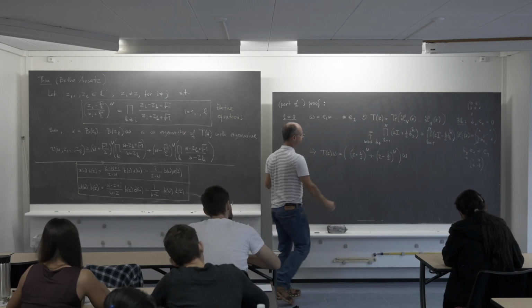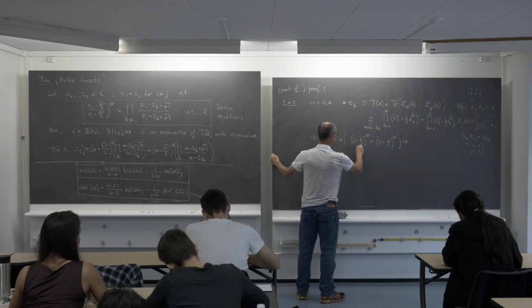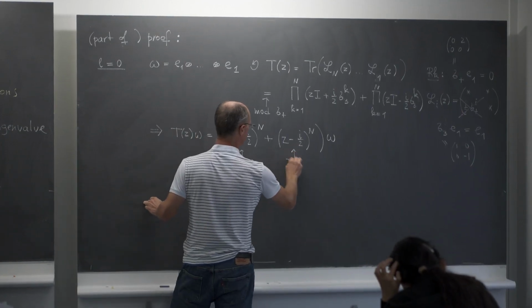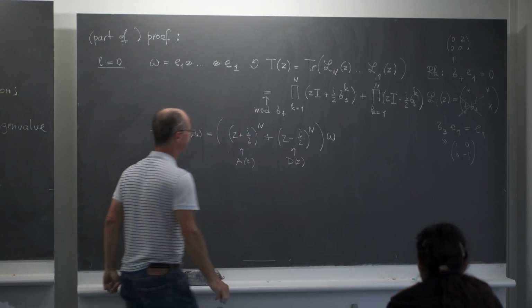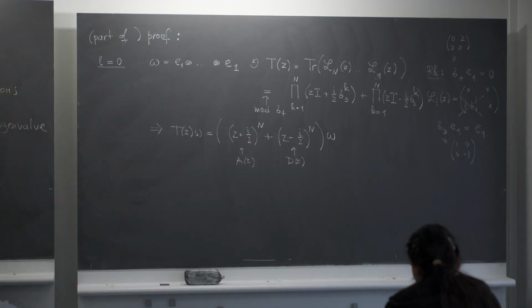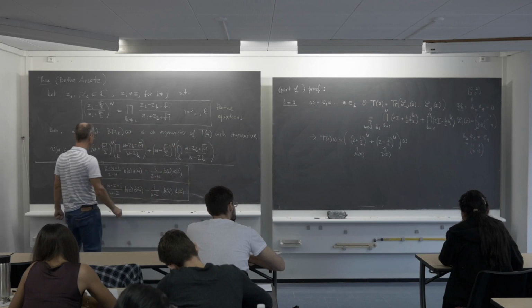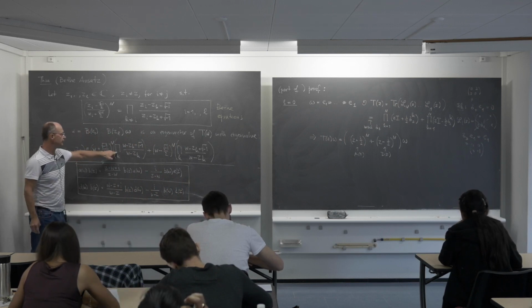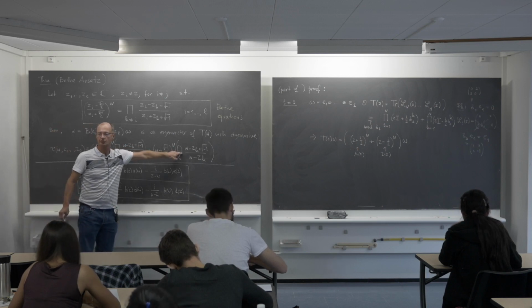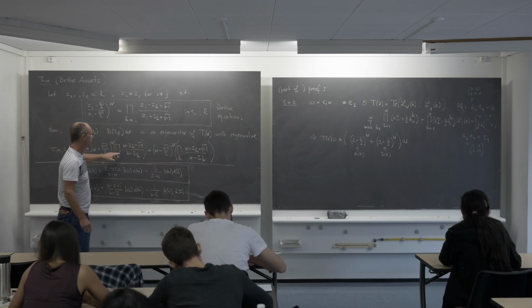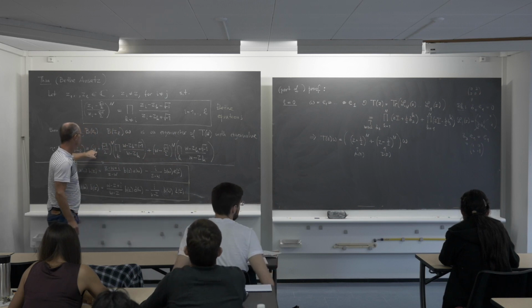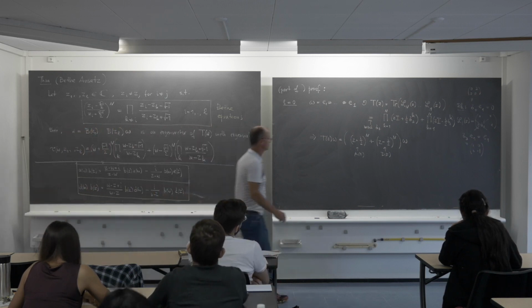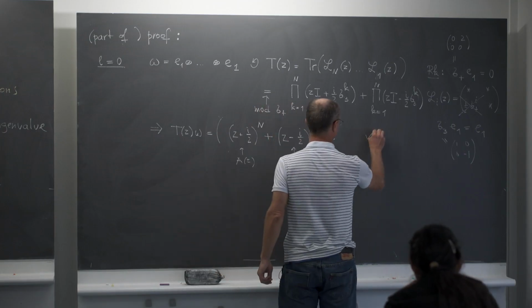And actually, this is the action of A of z, and that's the action of the operator D of z. So when L is equal to 0, there are no products, because there is nothing where we should take a product over, and then the formula matches. So that's kind of okay.